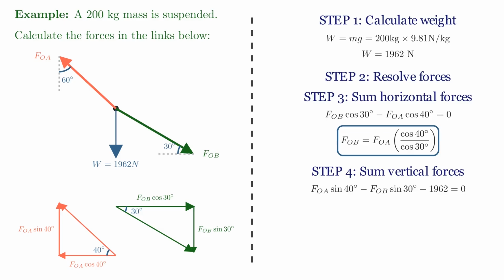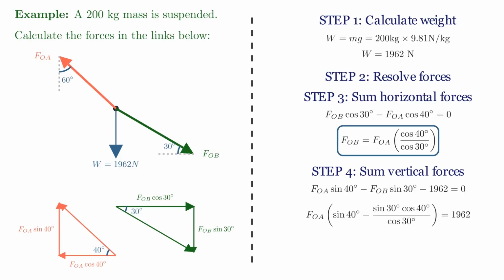We now have simultaneous equations, and we can solve these to find the forces FOB and FOA. So taking our equation from step 3, FOB equals FOA cos 40 over cos 30, we can substitute this into the equation that we've just got. So rewriting FOB as FOA cos 40 over cos 30, this gives us FOA sine 40 minus sine 30 cos 40 over cos 30 in brackets, all equal to 1962.